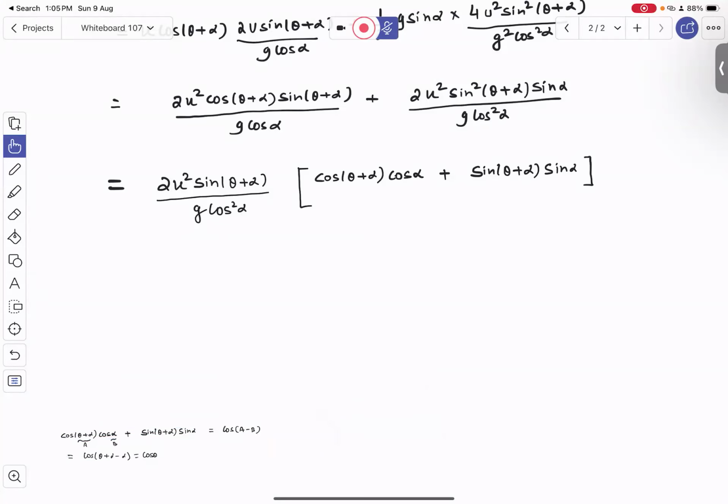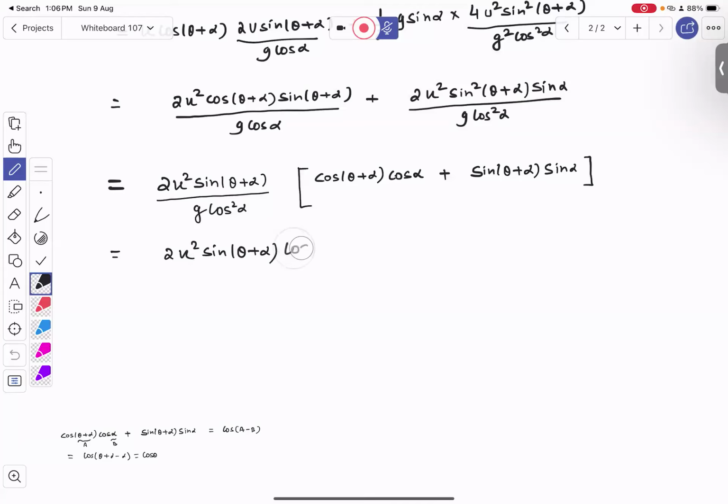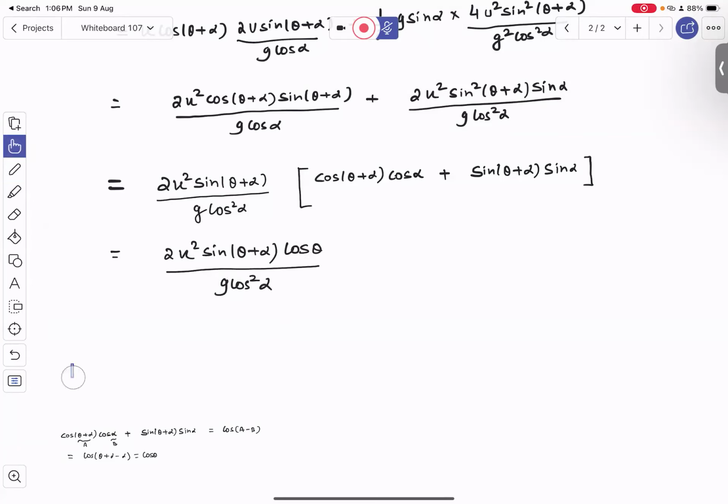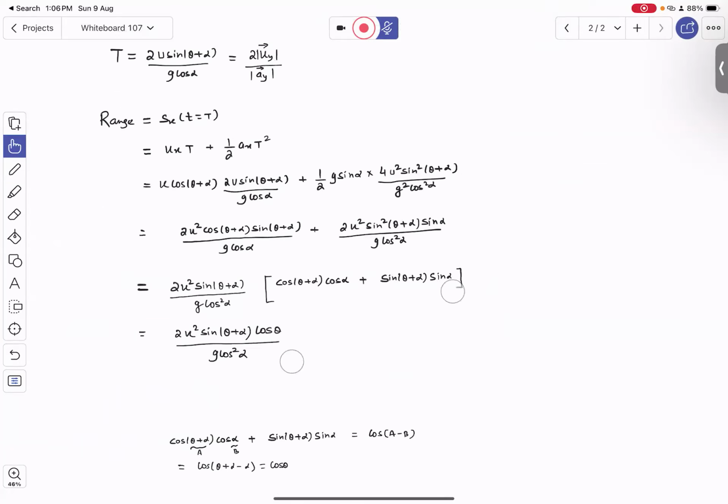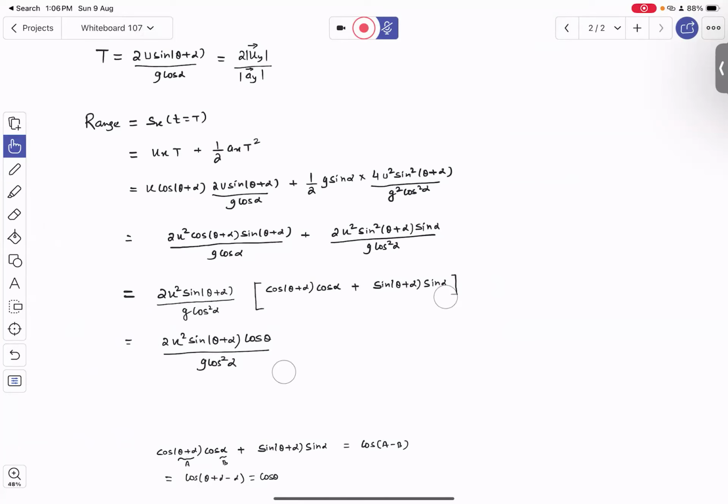So this is going to become 2u square sine theta plus alpha into cos theta by g cos square alpha. So that is what will be the range, or that is one of the formulas of the range, but we write it in another variation also, which I will tell you on the next page. So this one clear, no?